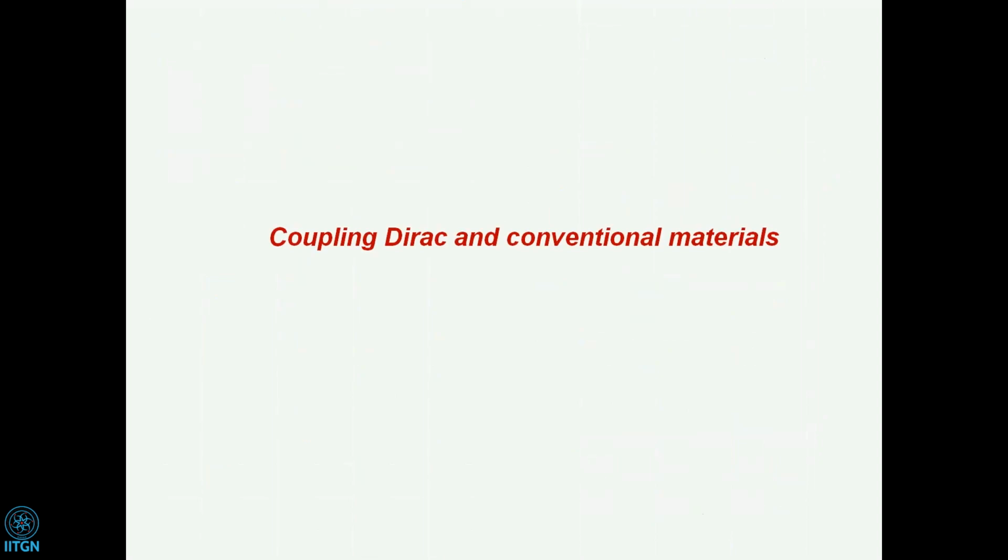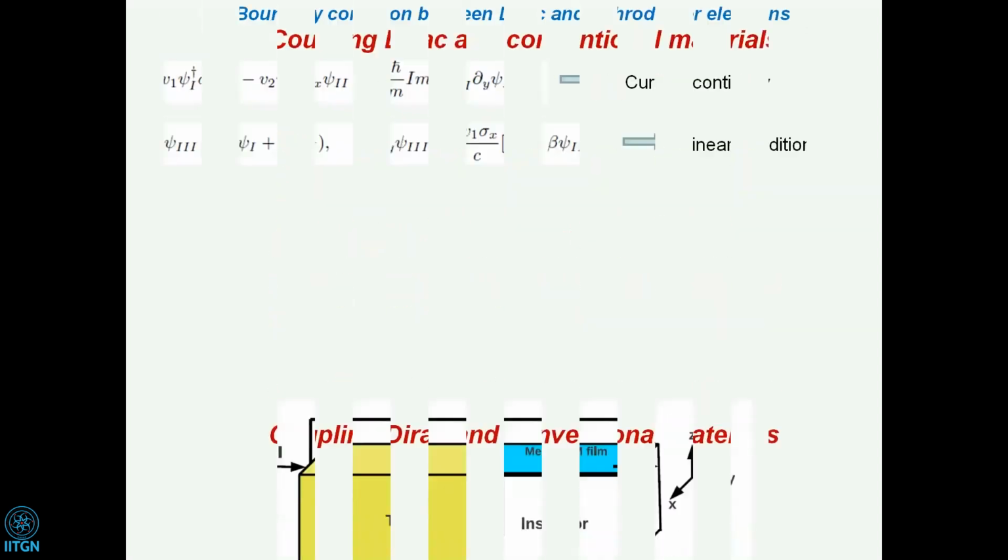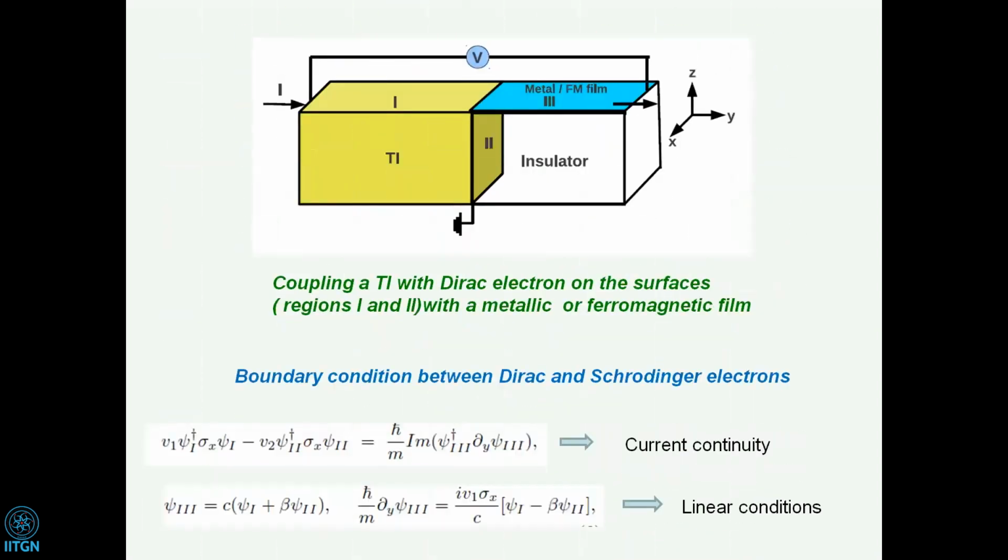Okay, so there is one essential part that we need to understand about these topological Dirac electrons on the surface of a topological insulator. And that is, these topological insulator Dirac electrons have one electron per spin on the surface, whereas a standard metal has two electrons per spin on the surface.